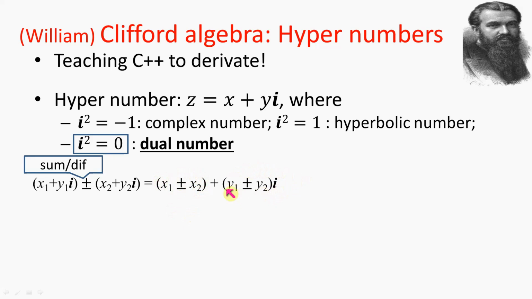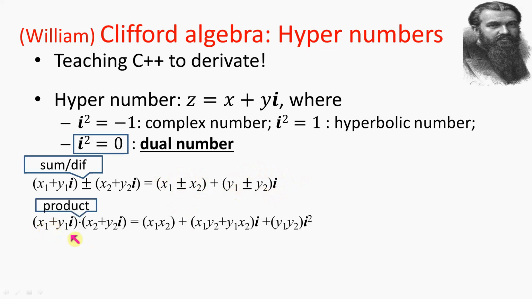What about multiplication? When we multiply two such numbers, because of the distributivity operation, we can break up the parentheses. So we will have x1 times x2, and this is a real value.